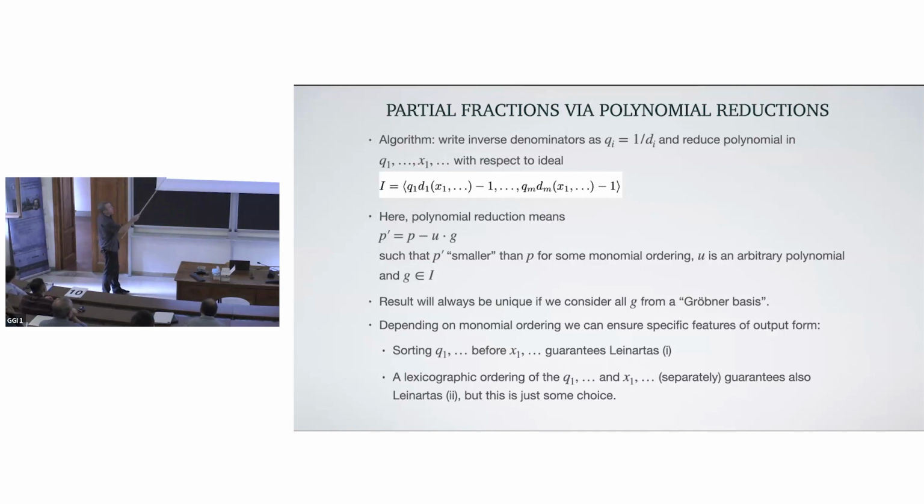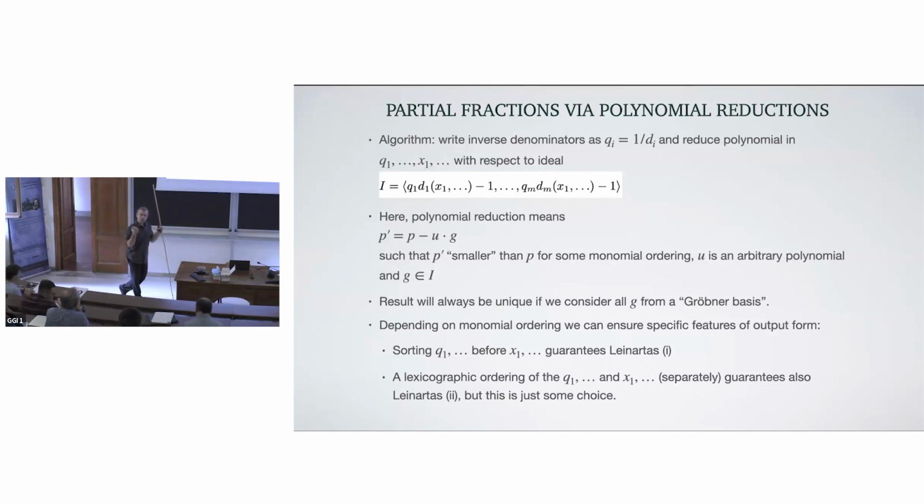Now, this Gröbner basis depends on the monomial ordering which you choose. And by adjusting this appropriately, you can ensure that certain features will be achieved in your final decomposition. And we proposed here a new ordering, which is different from what has been proposed before and is known as Leinartas' decomposition. And it aims at reducing the overall powers in the final expression.